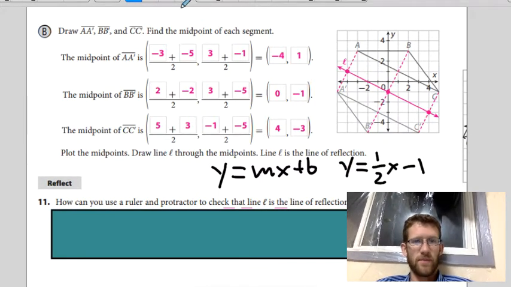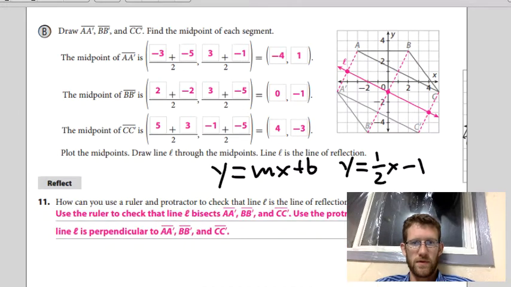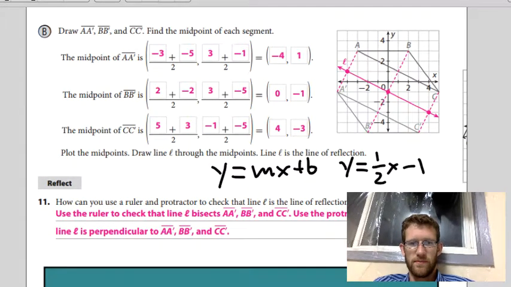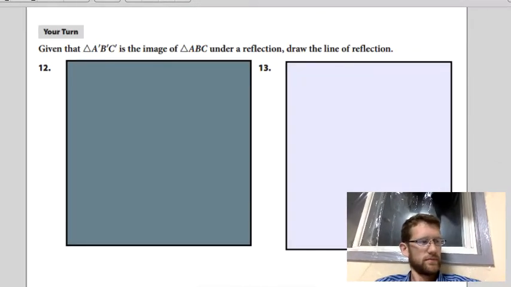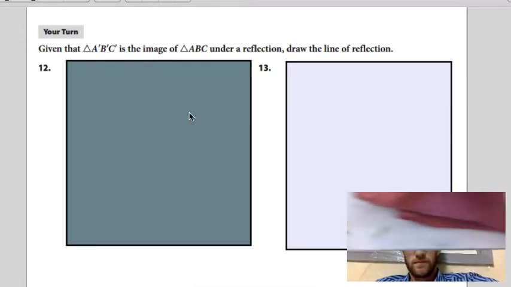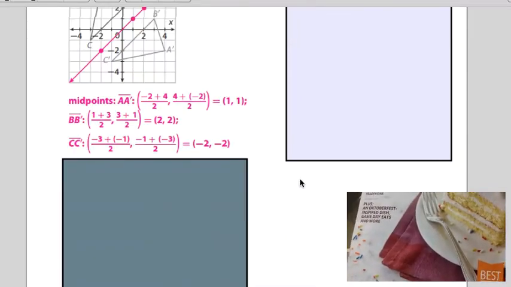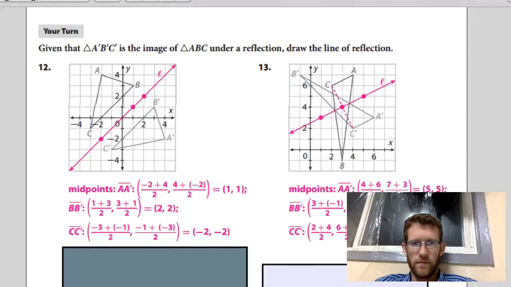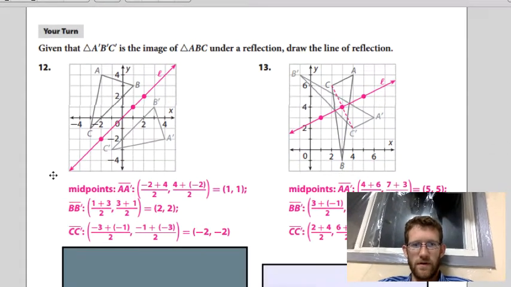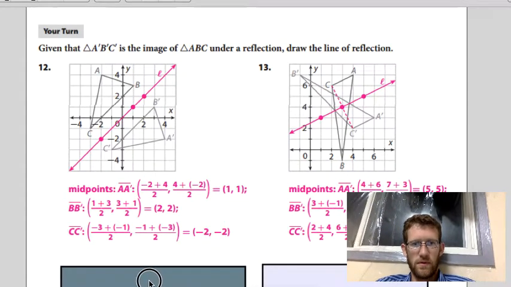So just be prepared. They tell you can use a protractor to find the lines that are perpendicular. Go ahead and do this one. Here are our values. They give us 1, 1, 2, 2, and -2, 2.